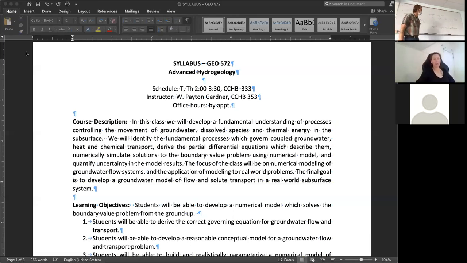The fluid potential you're talking about. How do we relate fluid flux to head? What's the relationship between fluid flux and head?